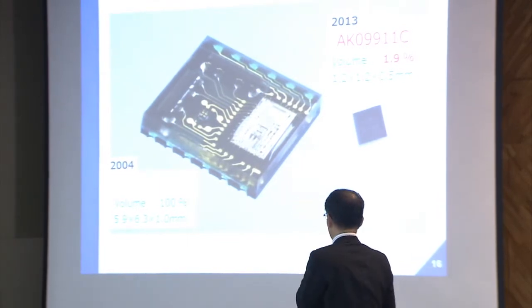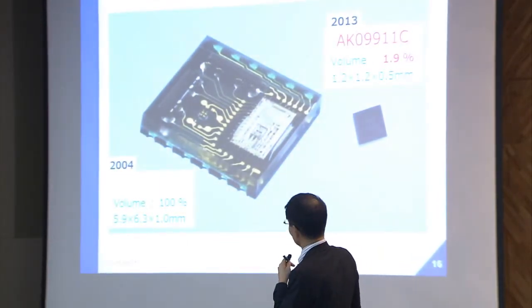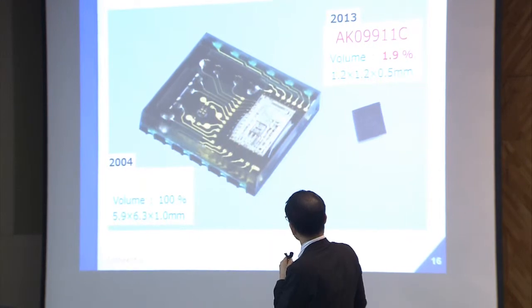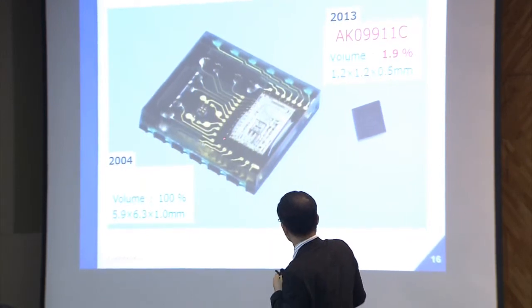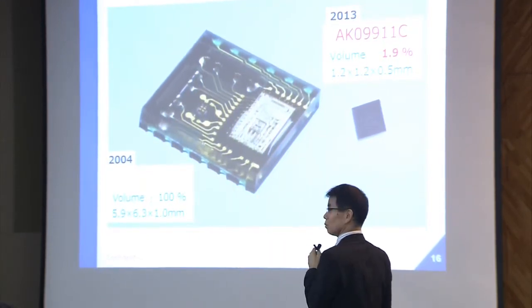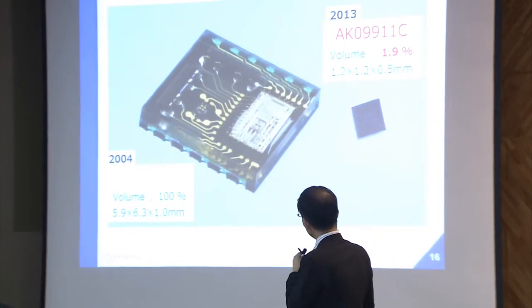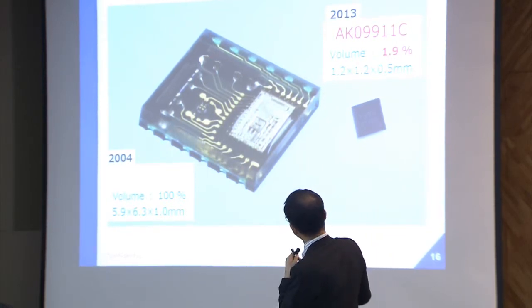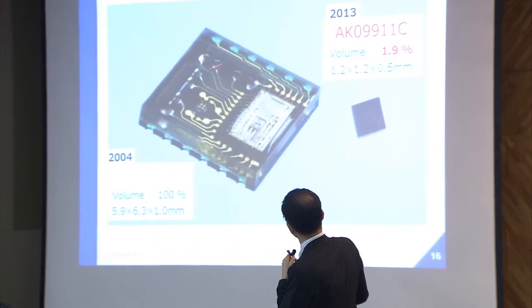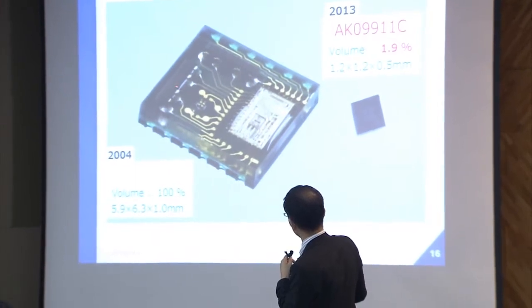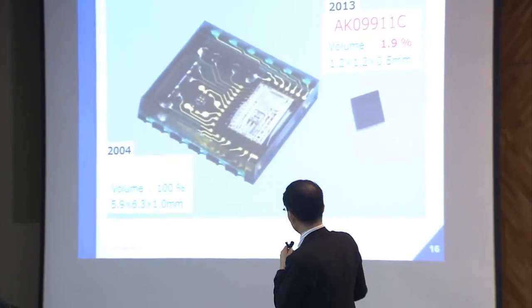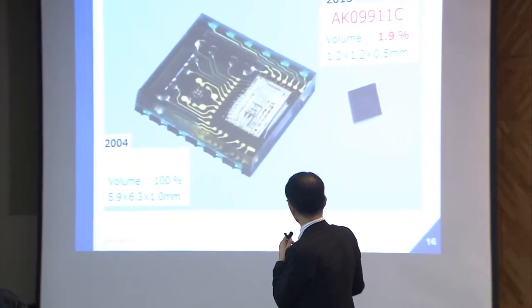So this is a big advantage in package size. At the beginning, the package size was very big, and you can see three Hall elements here for X, Y, and Z. No magnetic concentrator.